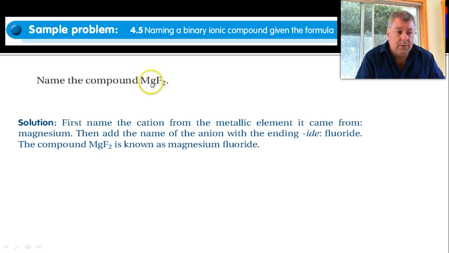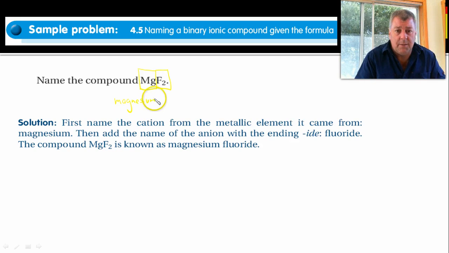You could look it up on the periodic table, but that's okay. Then we add the name of the anion. So there's two parts to this. There's the name of the metal, and then there's the name of the anion. And so we've named this as magnesium.